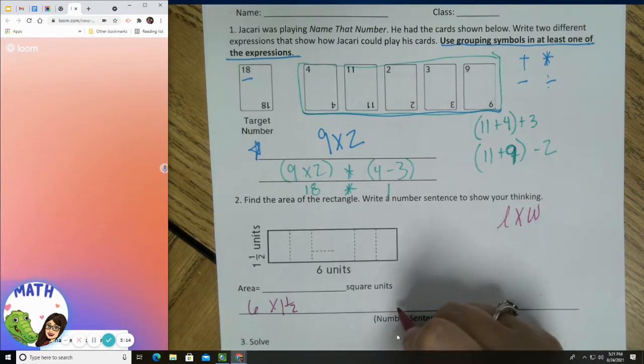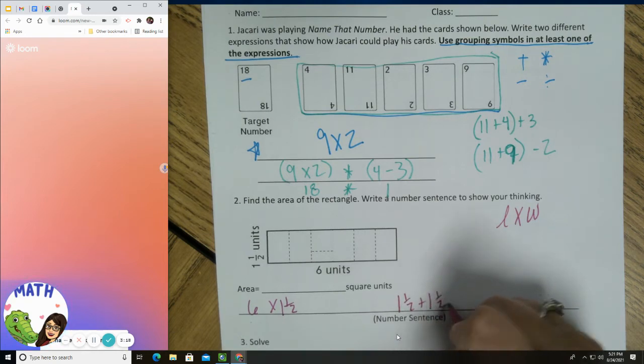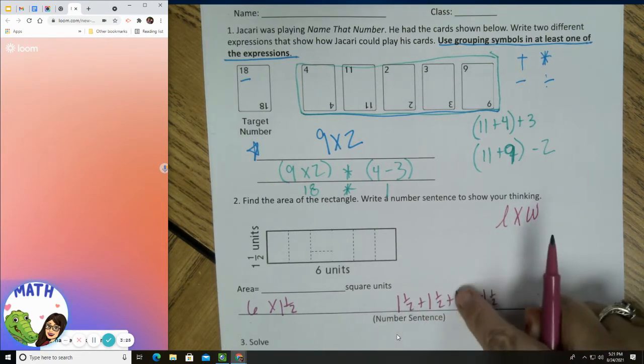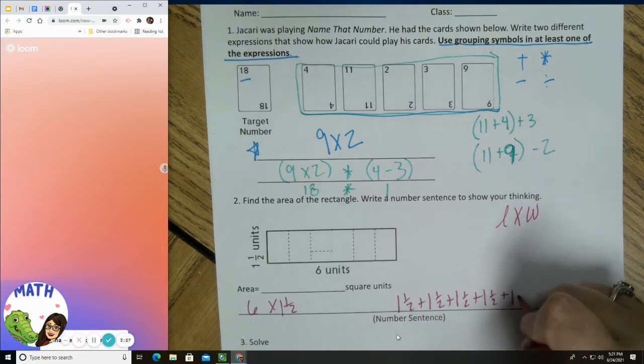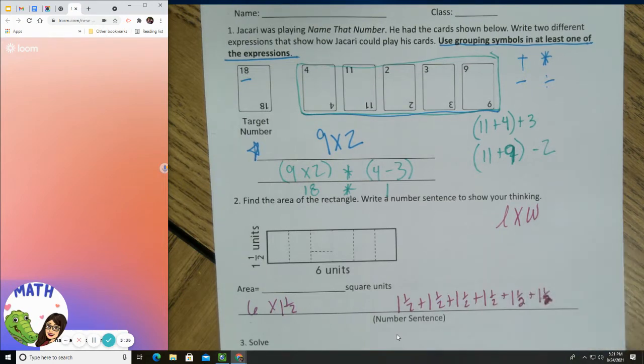You also could have written 1 and a half plus 1 and a half plus 1 and a half plus 1 and a half, 1, 2, 3, 4, 5, 6. You could use repeated addition.